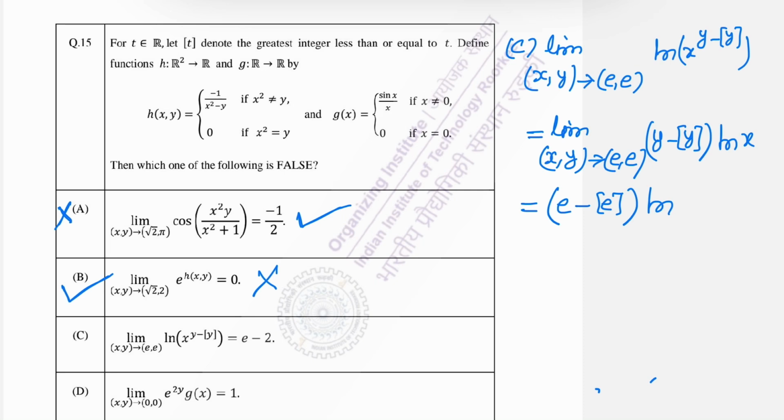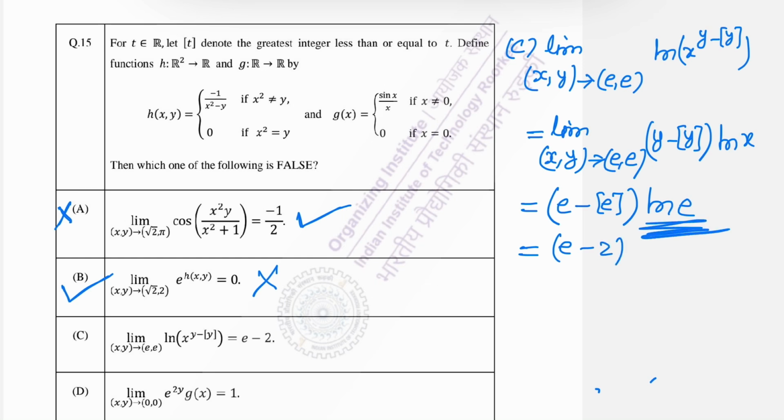You see x is also close to e, so obviously ln e is 1, and the value of e is 2 point something. So the integral part of e will be 2, so here will be 2.